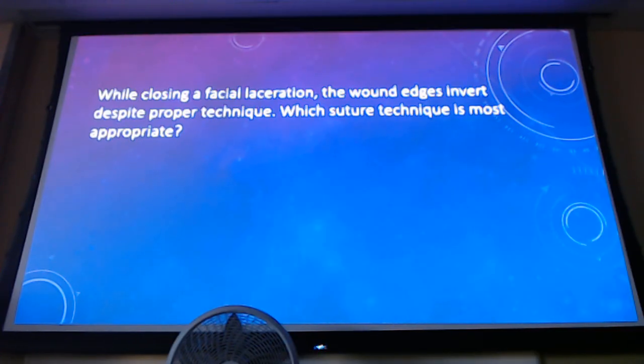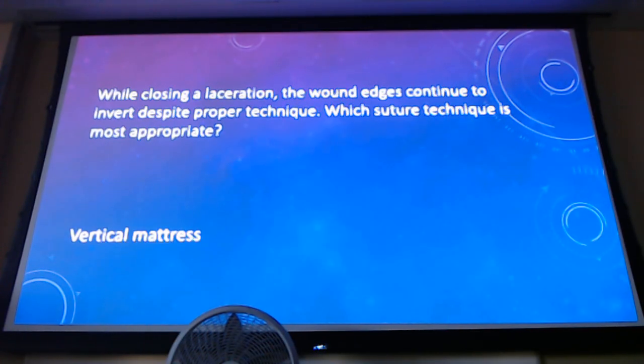So if you're doing interrupteds and the wound edges keep inverting, which one do you want to go to, to evert? Vertical mattress, okay? Because you're going in the same line, out and then in, so it'll evert a lot better.